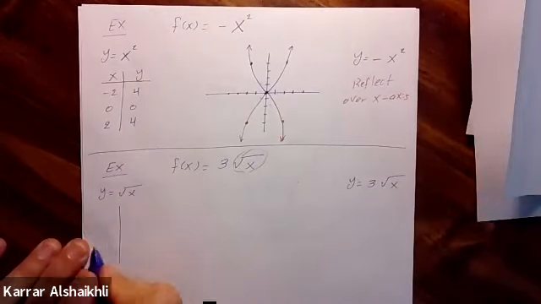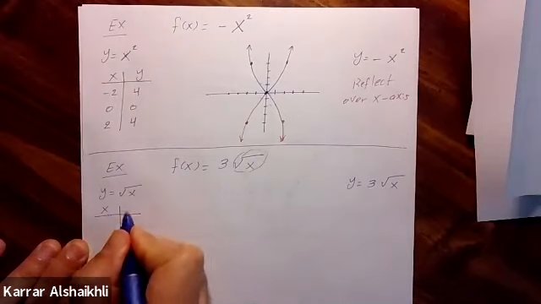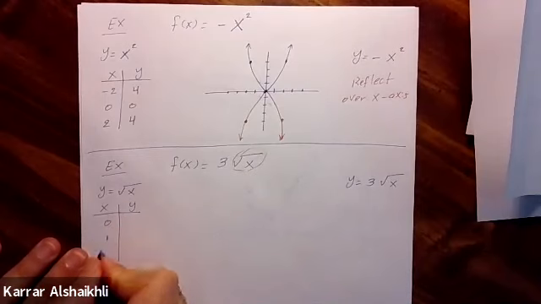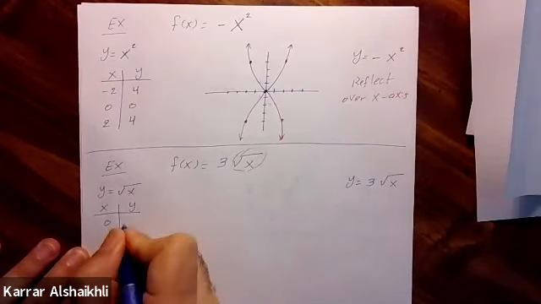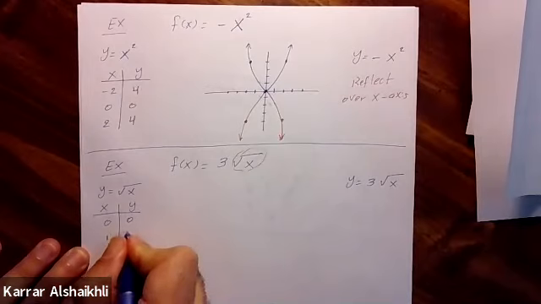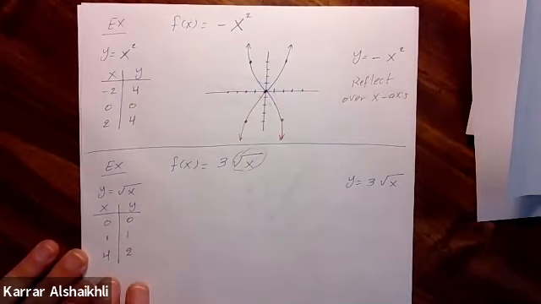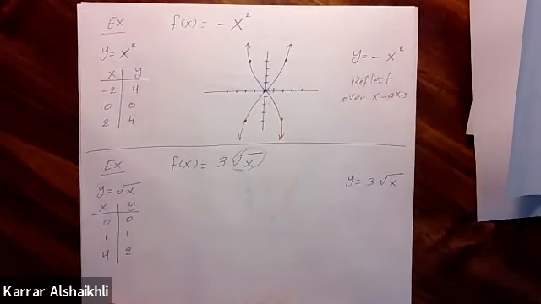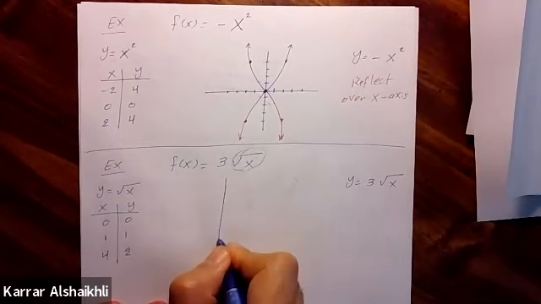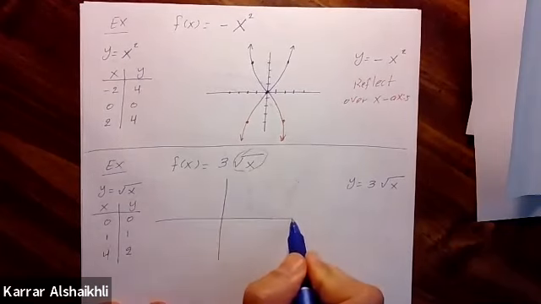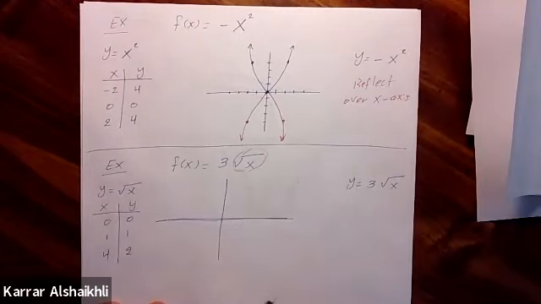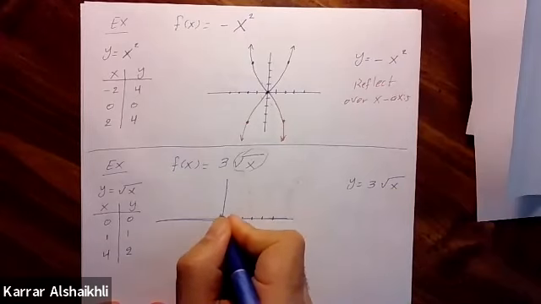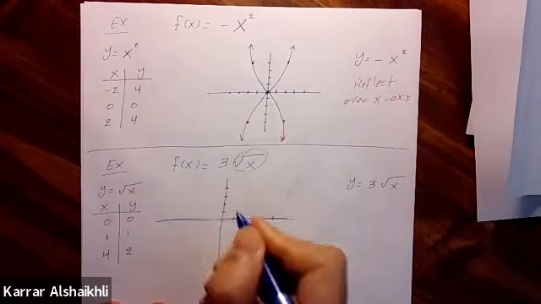Let's do the table. X, y, with the square root of x, the points 0, 1, and 4. So it's going to be 0, 1, and 2. These are the points we always use to graph the square root of x. So I'm going to do the graph right away, and then we're going to do the new graph. 1, 2, 3, 4, 5. 2, 3, 4.